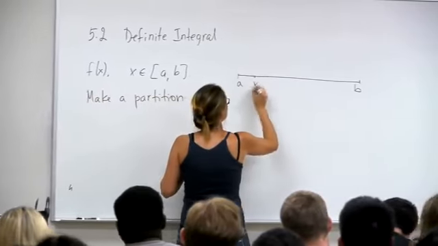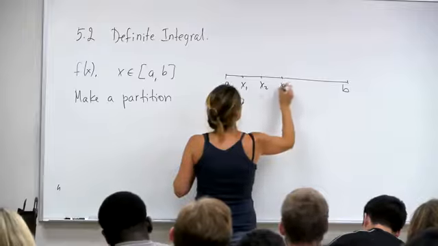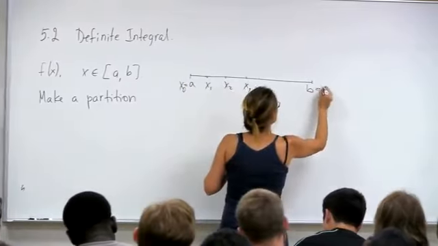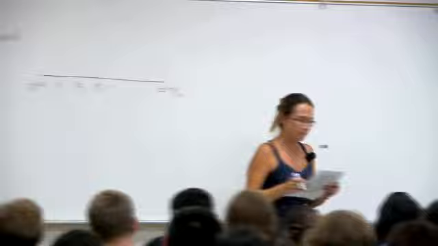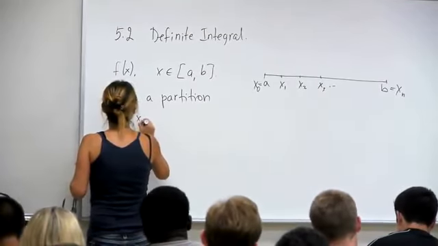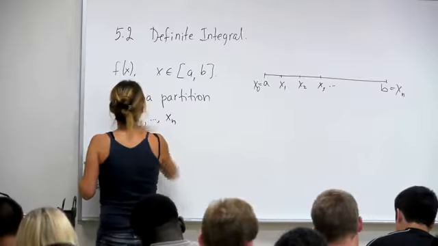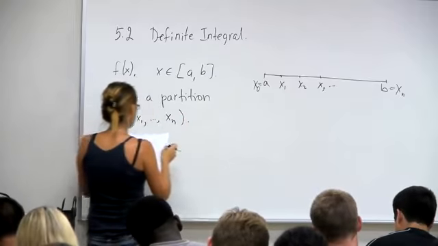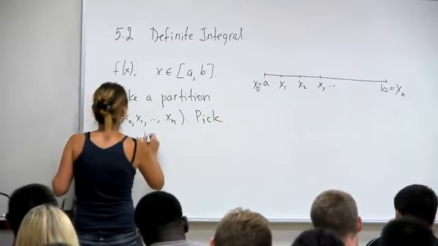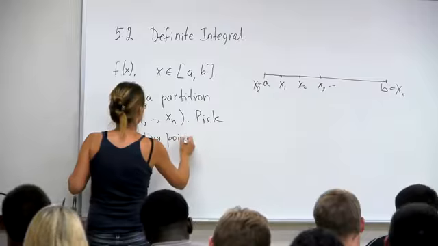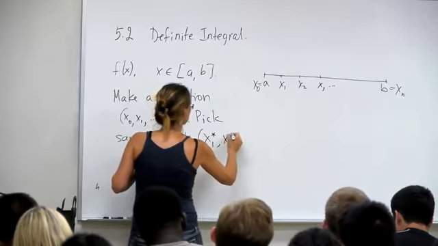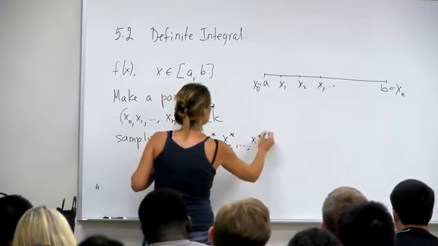That is, we assign points x1, x2, x3, and so on, where x0 coincides with a and xn coincides with b. So we make a partition x0, x1, ..., xn. Then we pick sample points, which we call x1 star, x2 star, xn star.